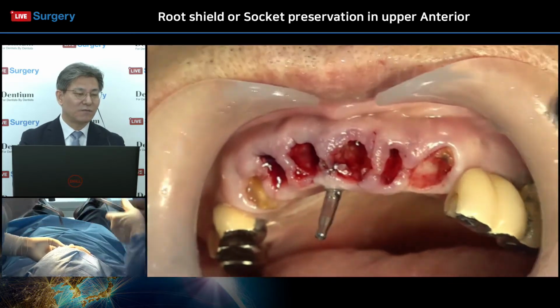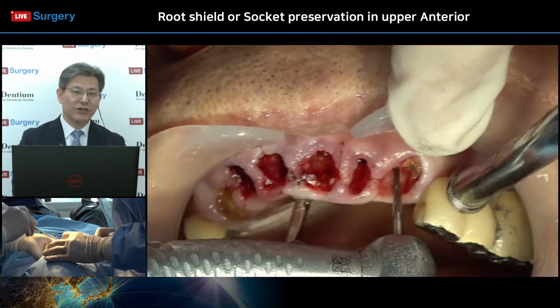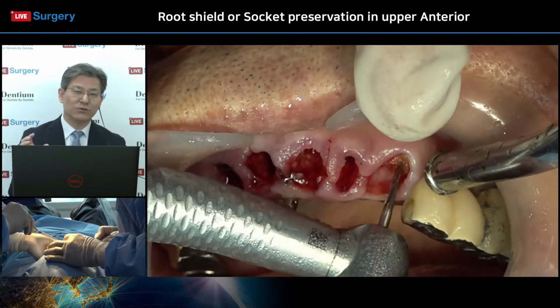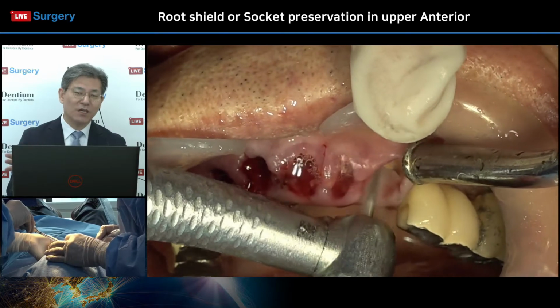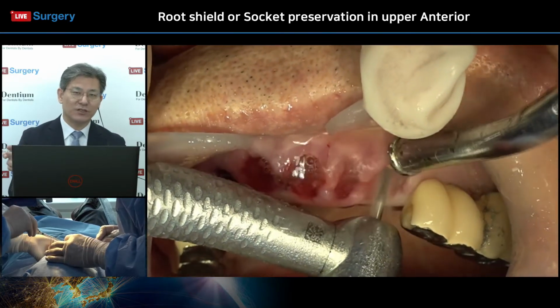Here there is a root. First, check whether the root is intact or not. An intact root can be a candidate for socket shield, right?